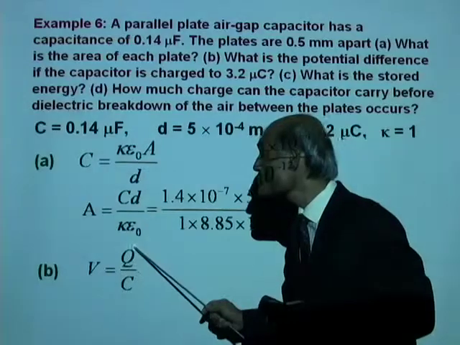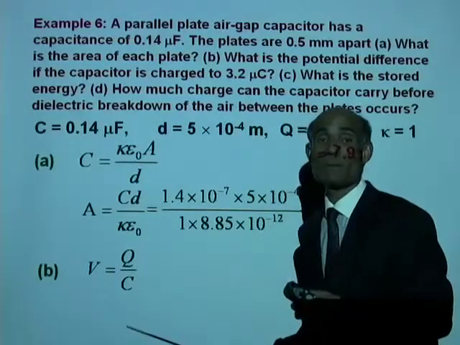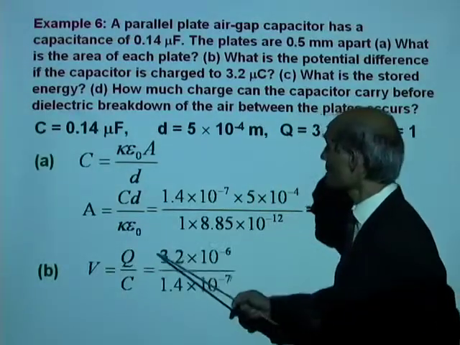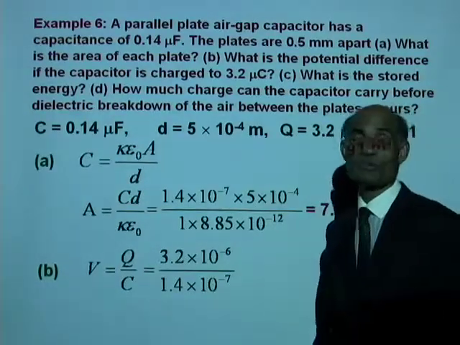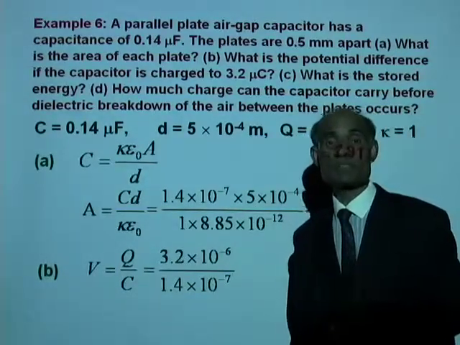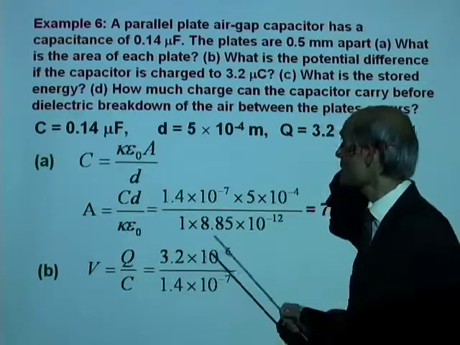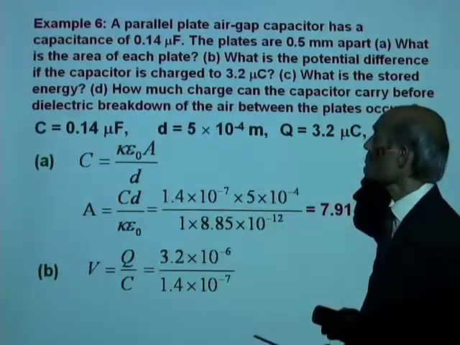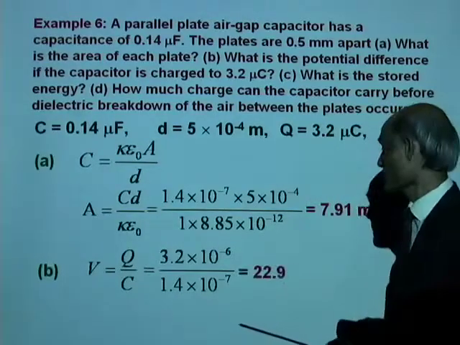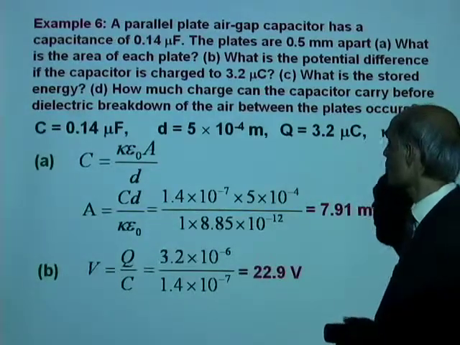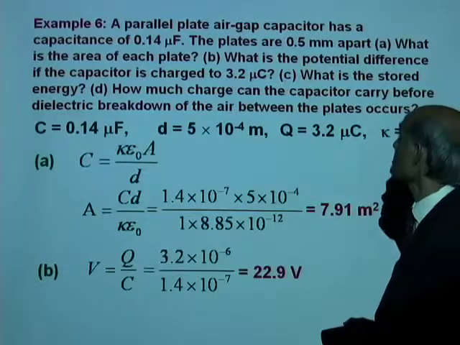V equal to Q over C, where Q is 3.2 microcoulomb, 3.2 times 10 to the negative 6 coulomb, and C, the capacitance, is 1.4 times 10 to the negative 7 farad, and that will be 22.9 volt.